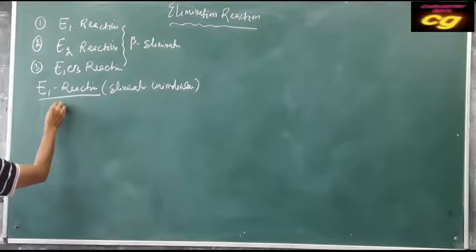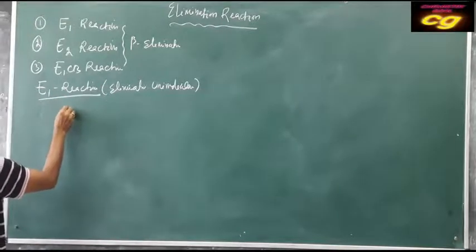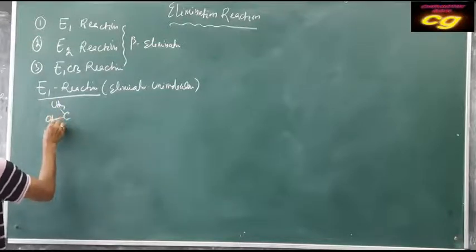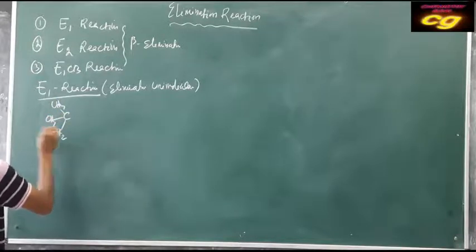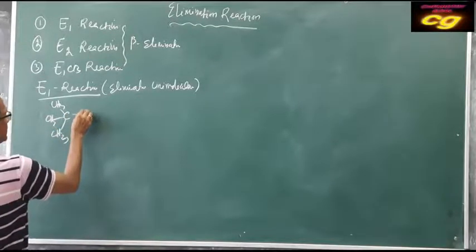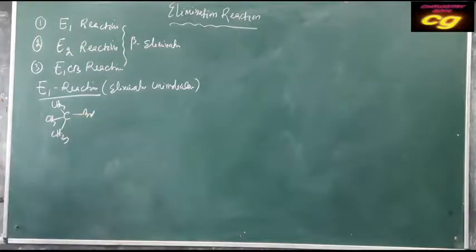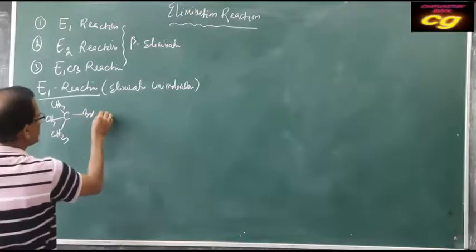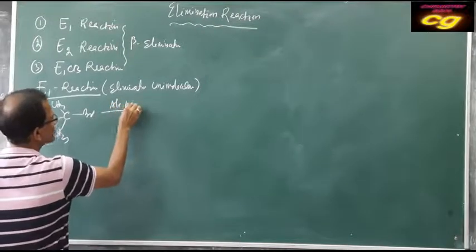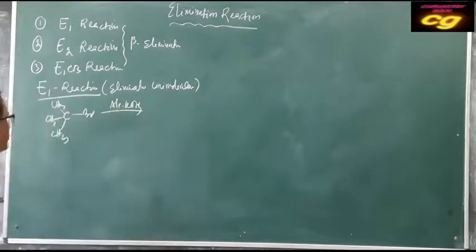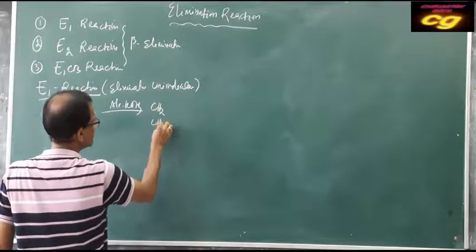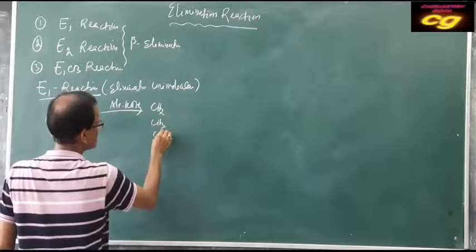It is a two-step process. As an example, we take (CH3)3C-Br in the presence of alcoholic KOH. Your product is (CH3)2C=CH2.